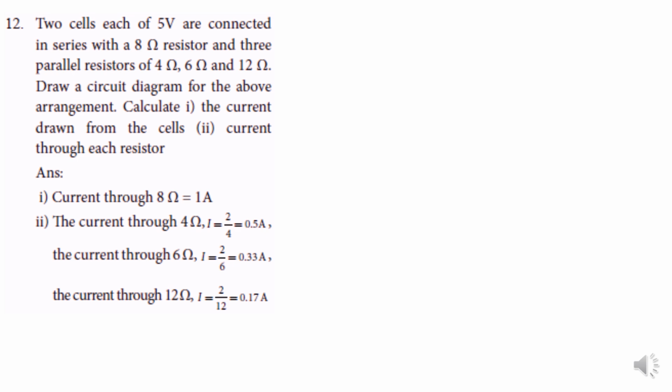There are two cells, each of 5 volt. This is connected in series with the 8 ohm resistor. Let this be our 8 ohm resistor. This is connected to 3 resistors connected in parallel.